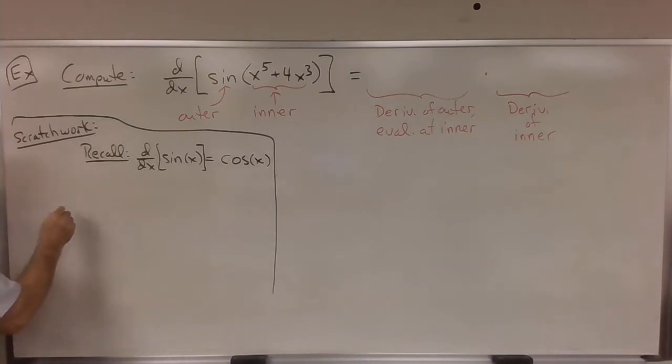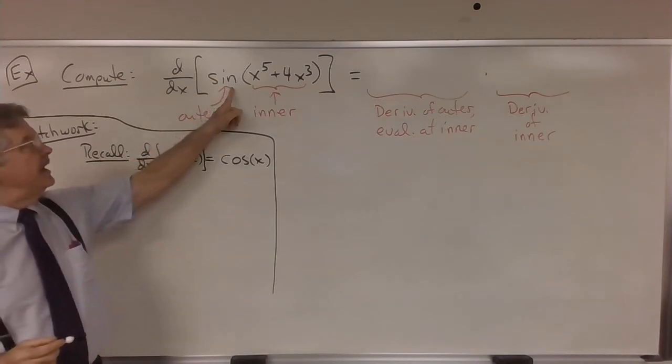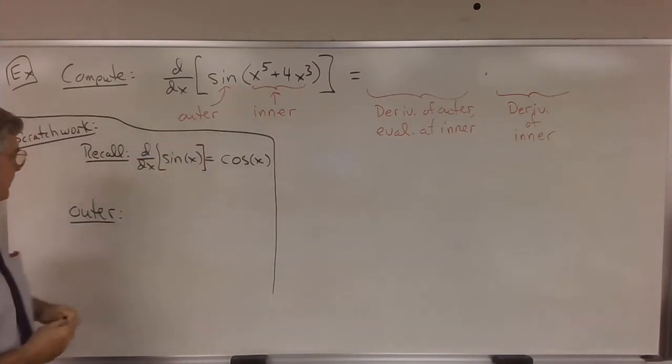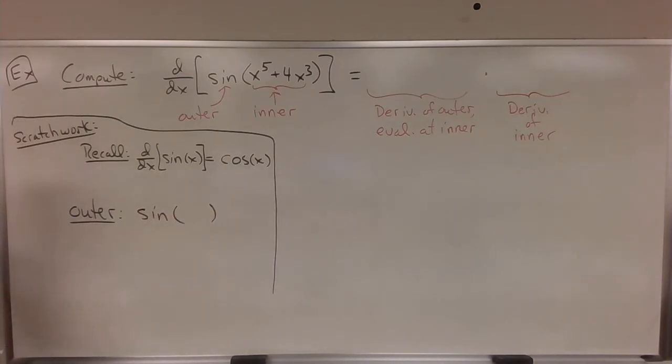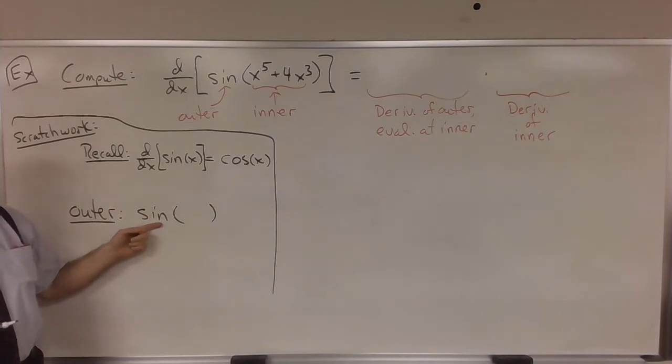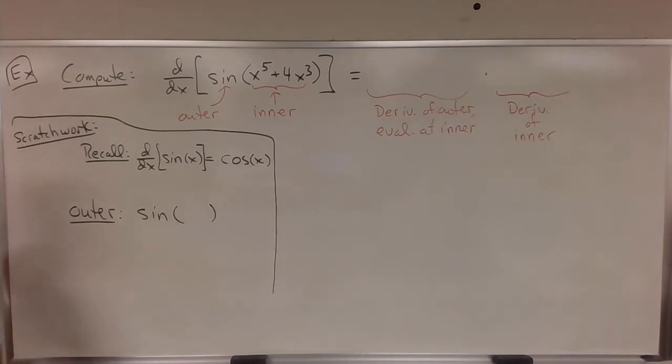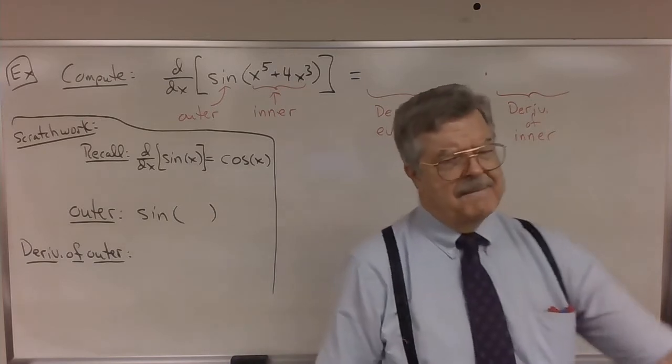Now, our outer function is sine evaluated at something. That's the outer function, sine evaluated at something. So the derivative of the outer function, let me think about this now.